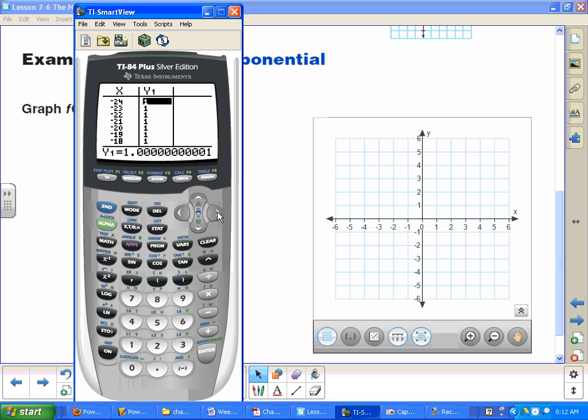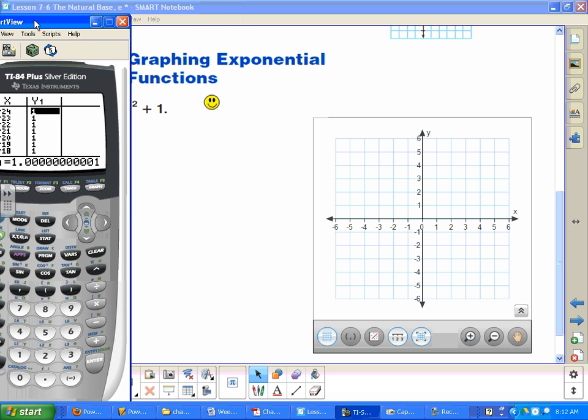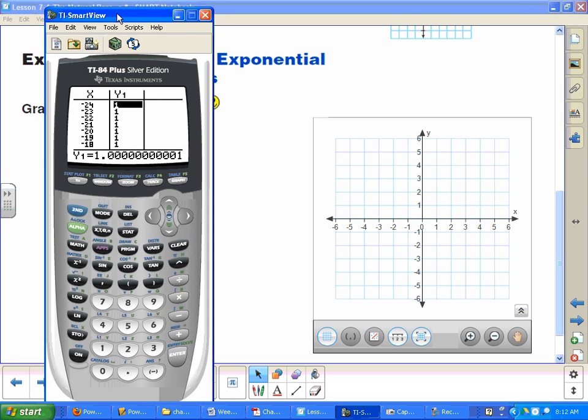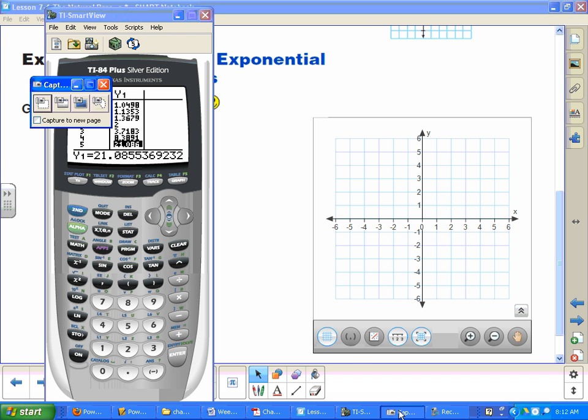So that plus 1 there actually takes our asymptote, and instead of it being the x-axis, it's going to move it up to 1. So we'll plot a couple of these points.